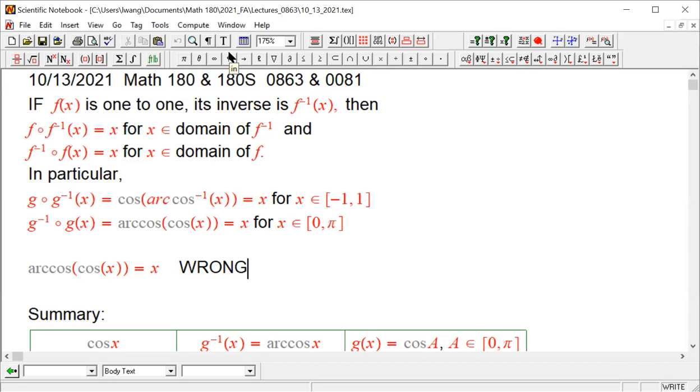Do you follow me? Because cosine X, I can remove that parentheses, that X would refer to all real numbers.